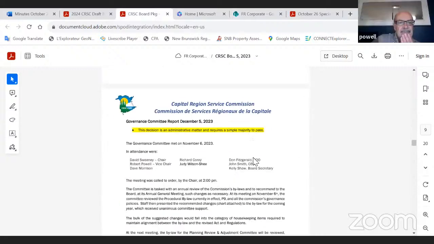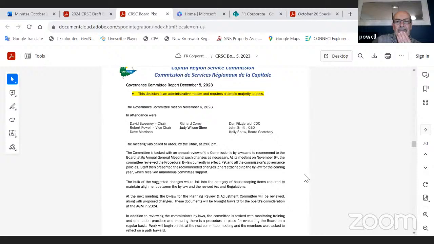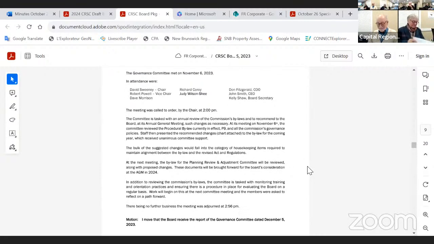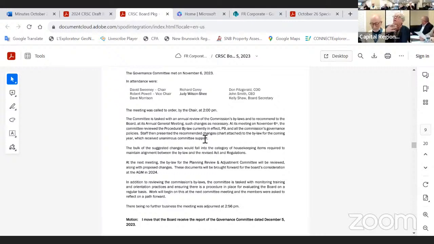I see it moving. There you go. Oh, you just want me to read the motion, Chair? Yes, we all had the package and our homework was to read it. So yes, please just read the motion.